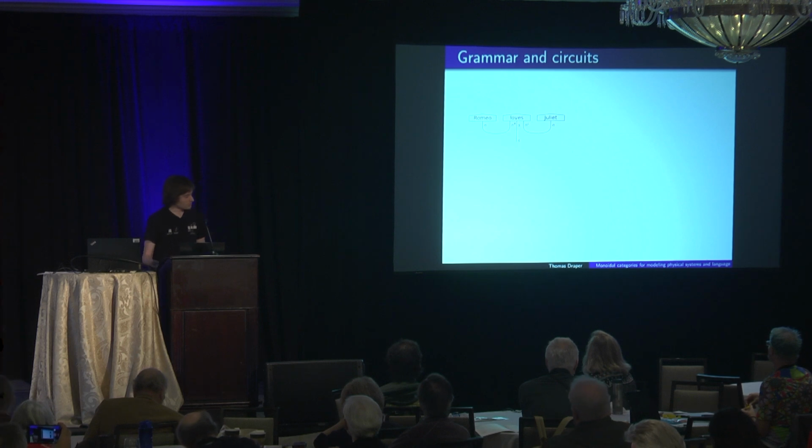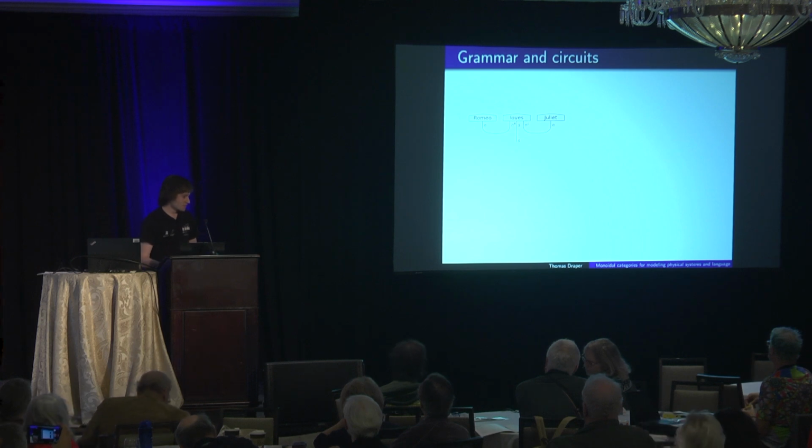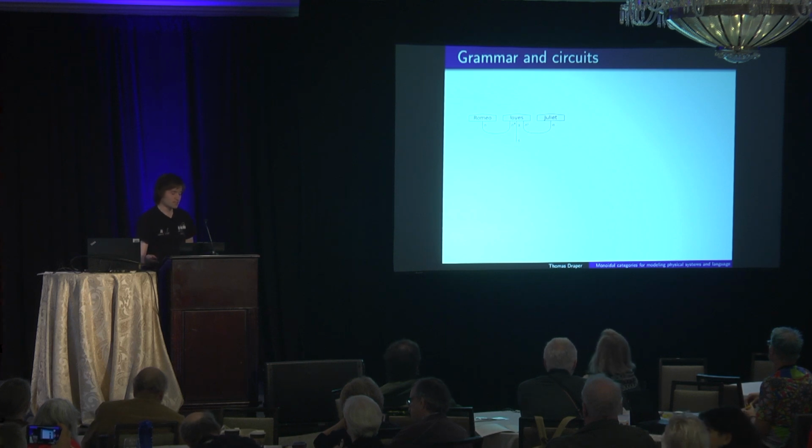So one way of thinking of this string diagram we see here is that we input Romeo and Juliet into the function loves, and out comes something of type sentence. And this kind of shows how, if you have a meaning for Romeo and a meaning for Juliet, you put those into something describing the meaning of loves, and you get the meaning of the entire sentence.